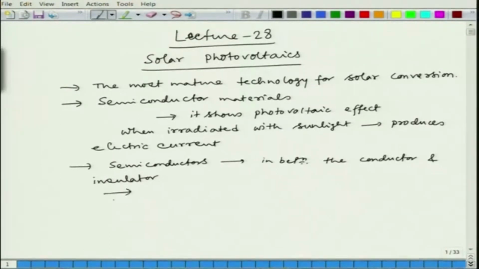And what property tells whether it is a conductor, semiconductor or insulator? It is the band gap, often called the electronic band gap.